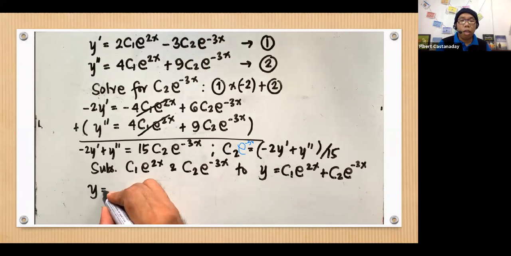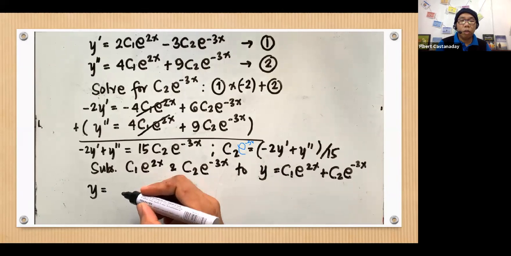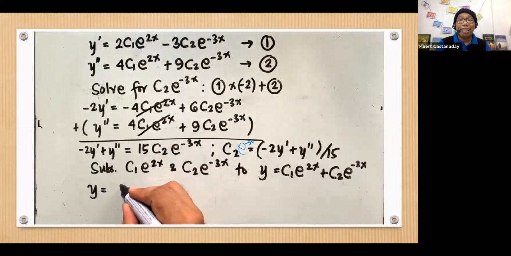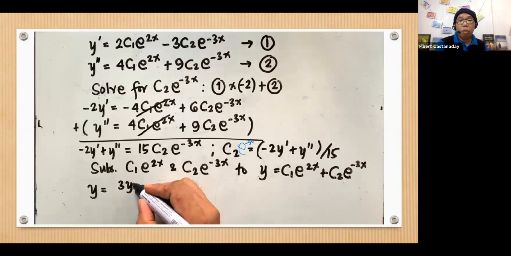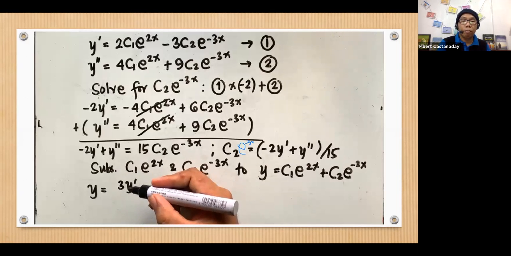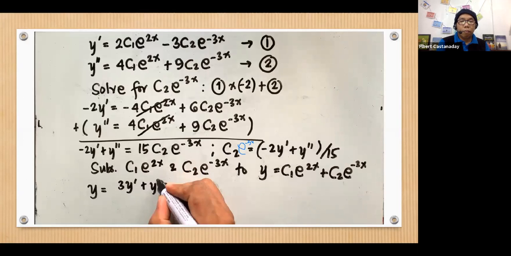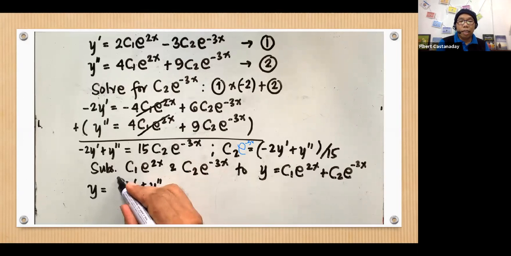So we have y equals, what's the value of c sub 1 e raised to 2x? If you recall, that's 3y prime plus y double prime, all over 10.